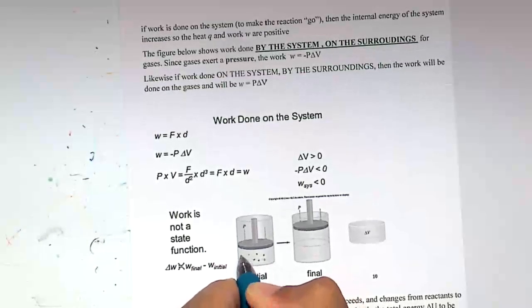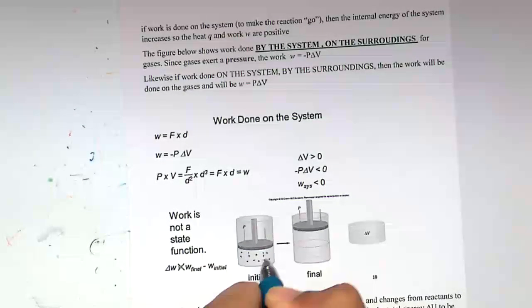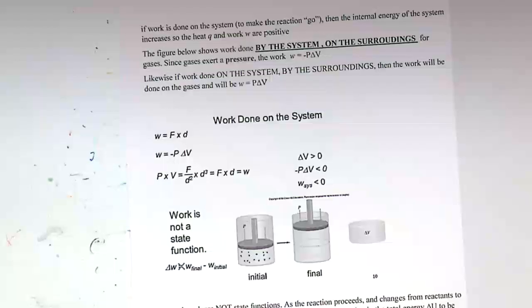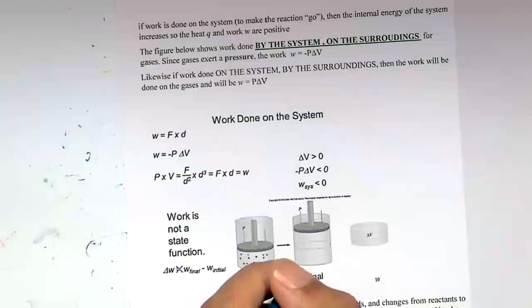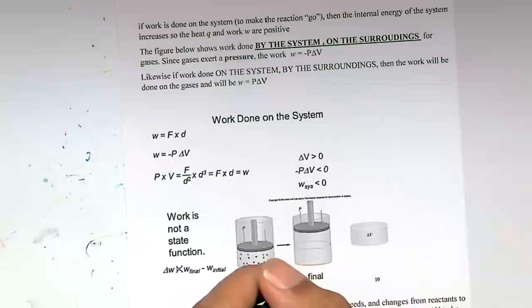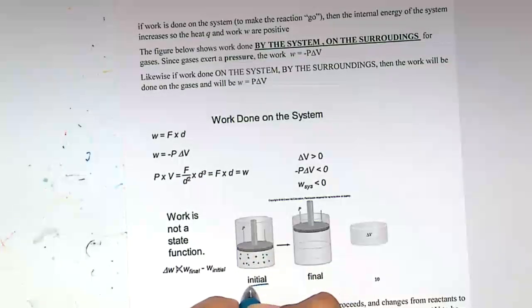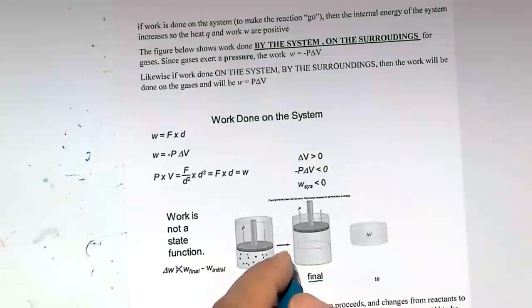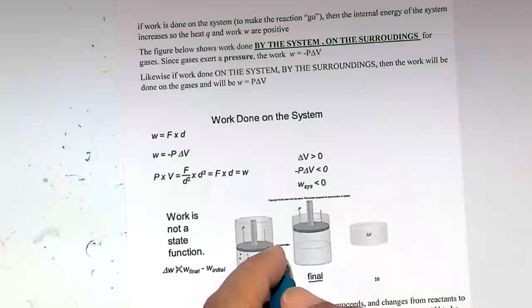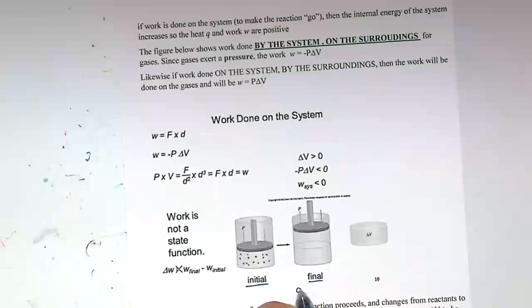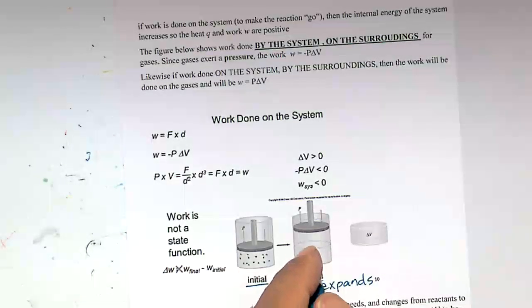Here you have a bunch of gas molecules. What has happened to this gas from initial to final? It has gone up. It has expanded. When this gas expands, what has happened to the volume?